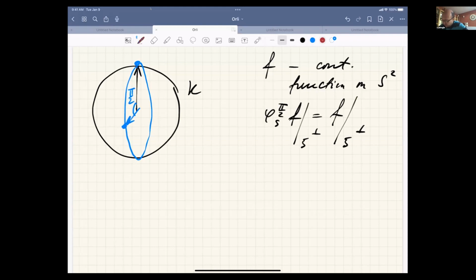Now take a different section here, and you know that the value of your function at the North Pole is equal to the value of your function here. Yes? And then you can rotate. So this means that the value of your function at the North Pole is the same as the value of your function on the whole equator.